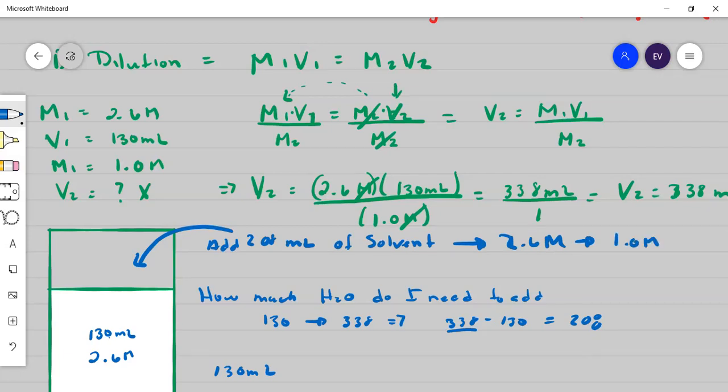So to make this dilution, I'm going to take the 130 milliliters that I have and add 208 milliliters of solvent. When I reach a total final volume of 338 milliliters, my concentration is going to change from 2.6 to 1.0. So that's it, guys. That's the solution for the test. If you have any questions, please let me know.